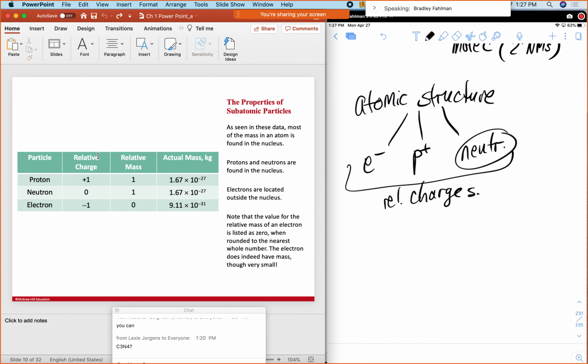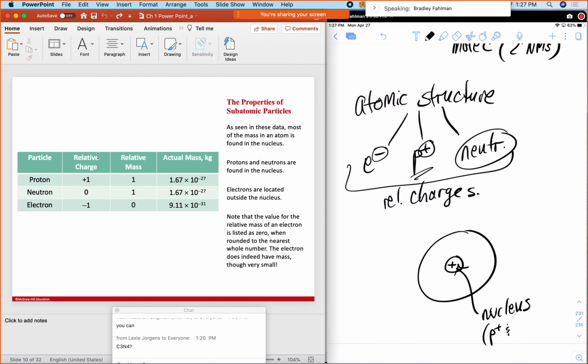Neutrons are neutral, protons are positively charged, electrons are negatively charged. The nucleus has protons and neutrons, and electrons are outside somewhere, in different orbits.